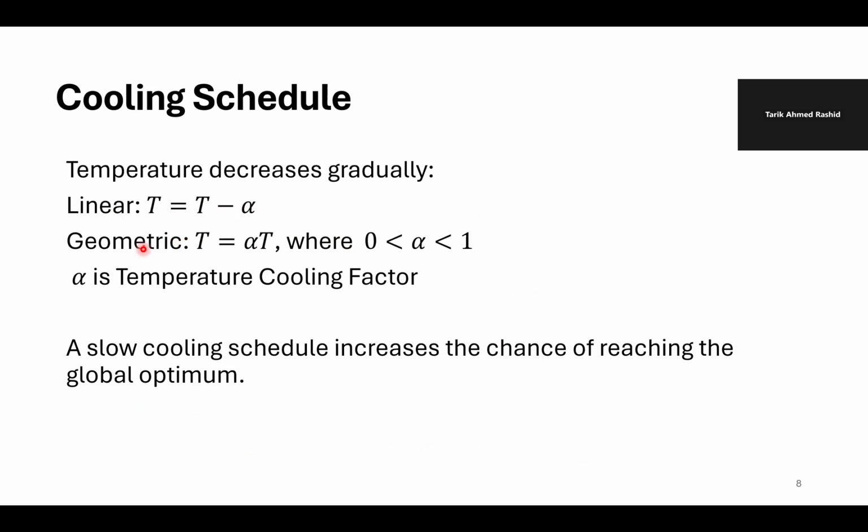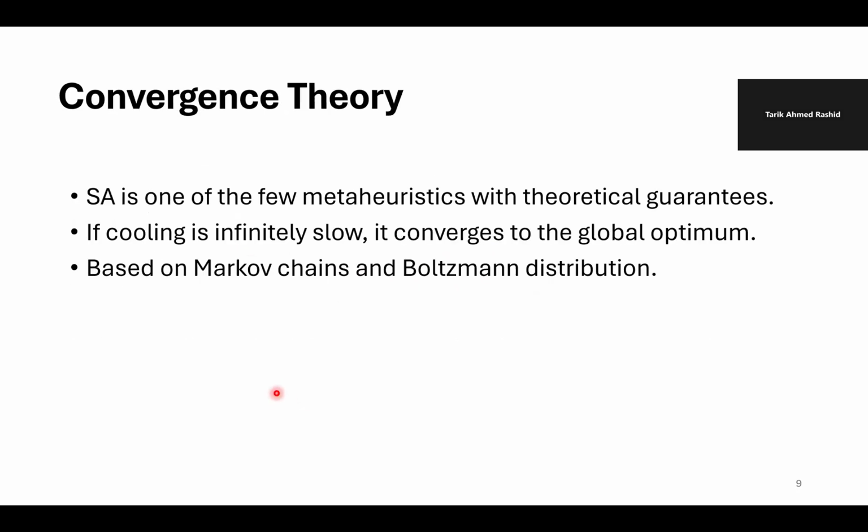Geometrically, T equals alpha multiplied by T, so the new T equals alpha multiplied by the current T. And alpha should be in the range of greater than 0 and less than 1, so always 0.something. A slow cooling schedule increases the chance of reaching the global optimum.